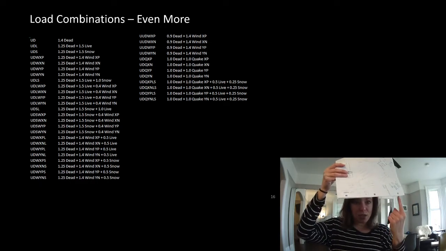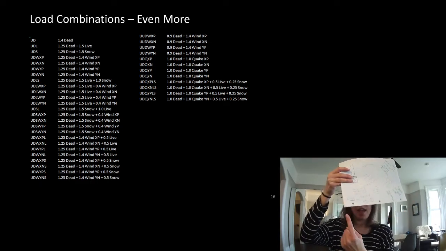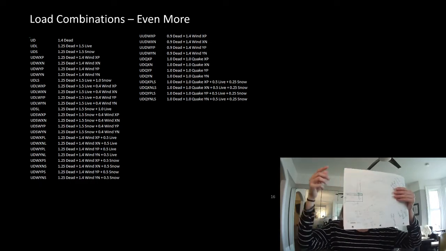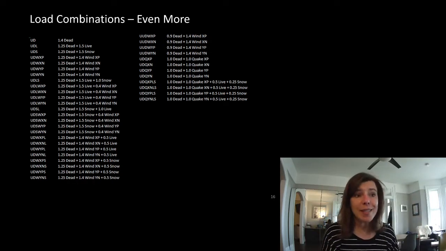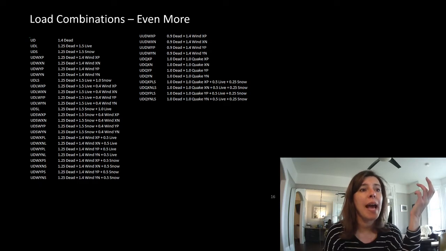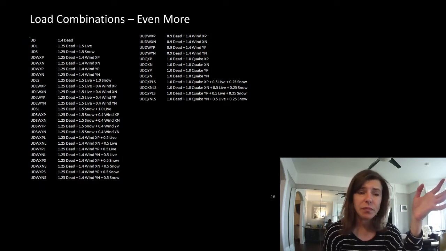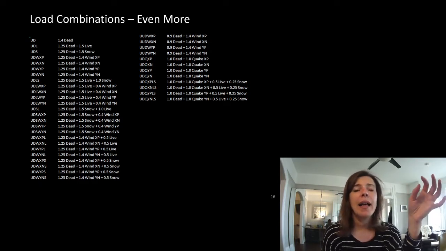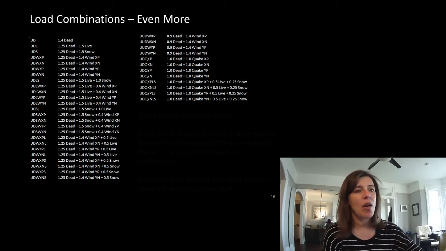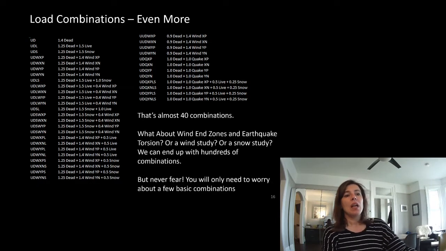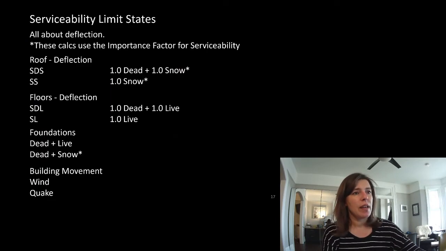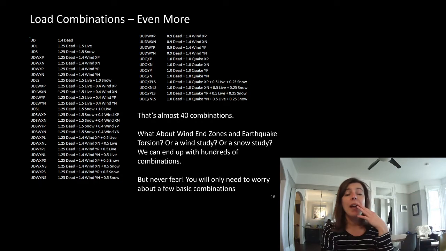That means in this direction, we do the end zone here, the end zone here, here, here, here, and here. Seismic has the same thing. So now all of a sudden, anywhere we had a wind zone, we need eccentricity at each end. So that would actually double all of those combinations. So that's even more. I don't think I listed that out for you.